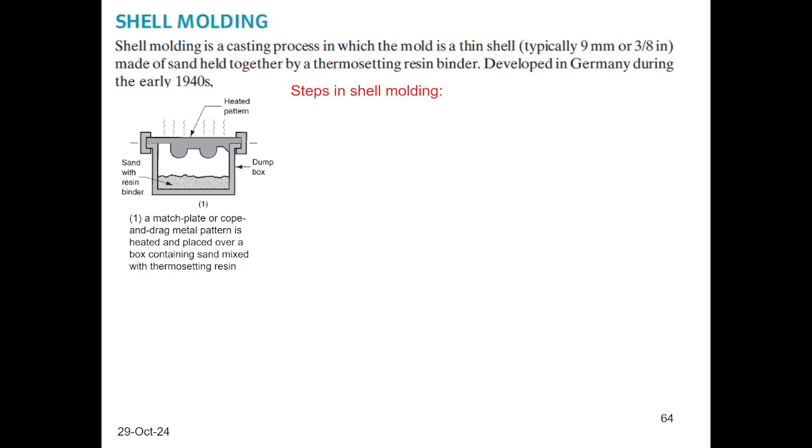It is made of metal and it is kept hot enough. Using electrical resistance, we can keep the pattern at a higher energy level. Or the pattern is heated in an oven and then it is placed on top of a box. It is called a dump box.